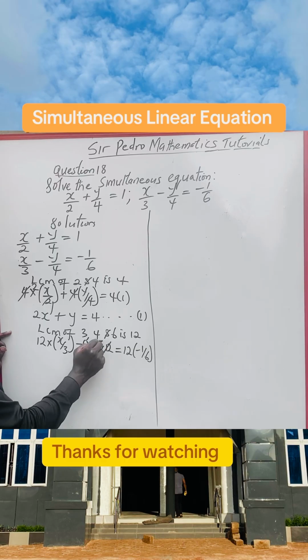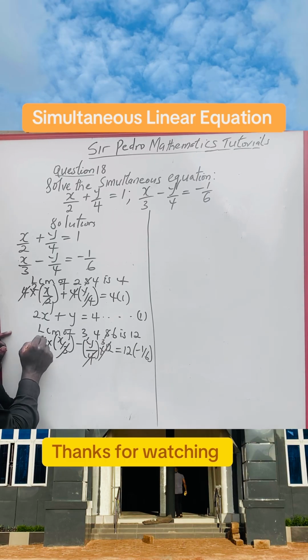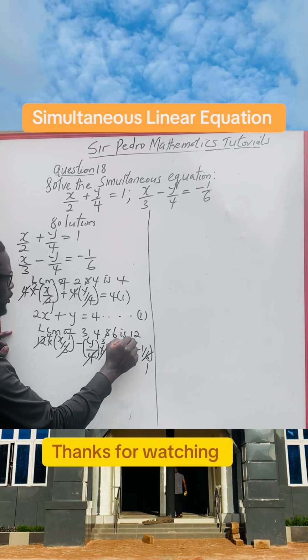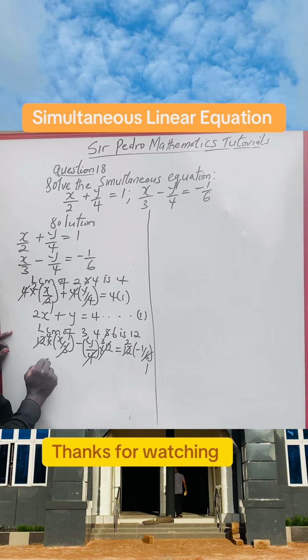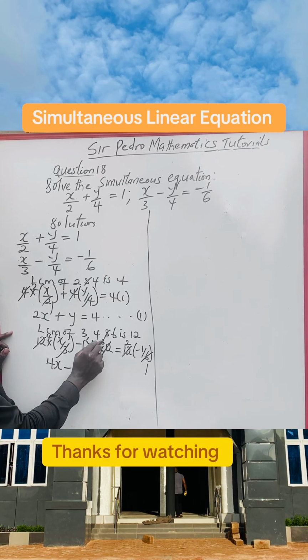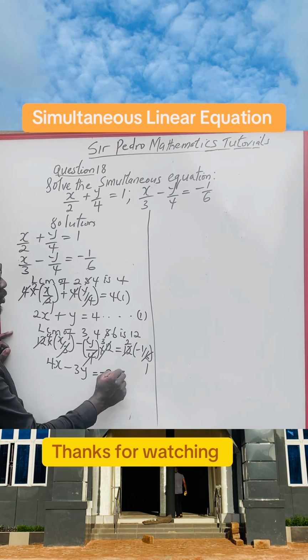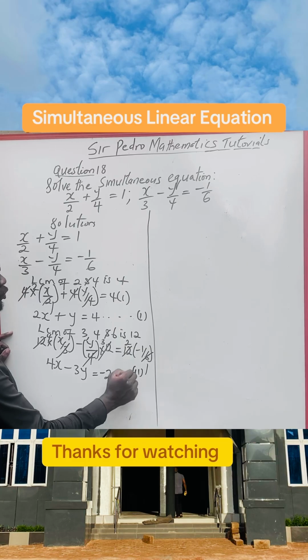So this here will give me 4, this here will give me 3, and 6 here will give me 2. So I have 4x minus 3y equal to 2 times minus 1, which is minus 2. So this is equation 2.